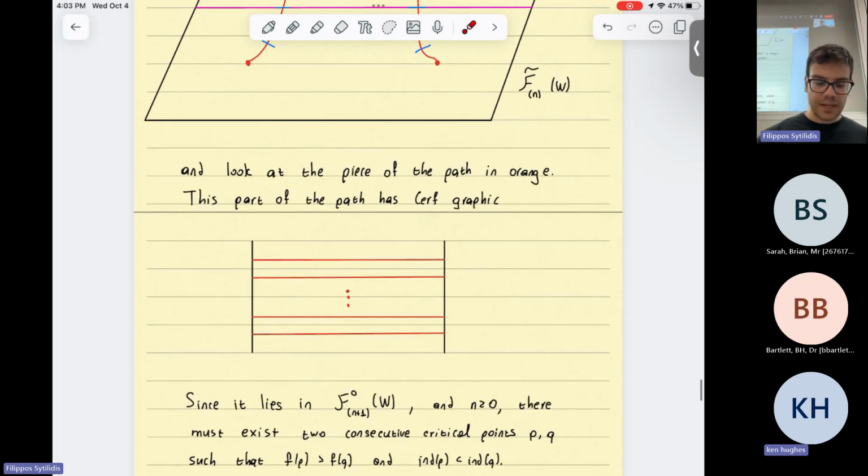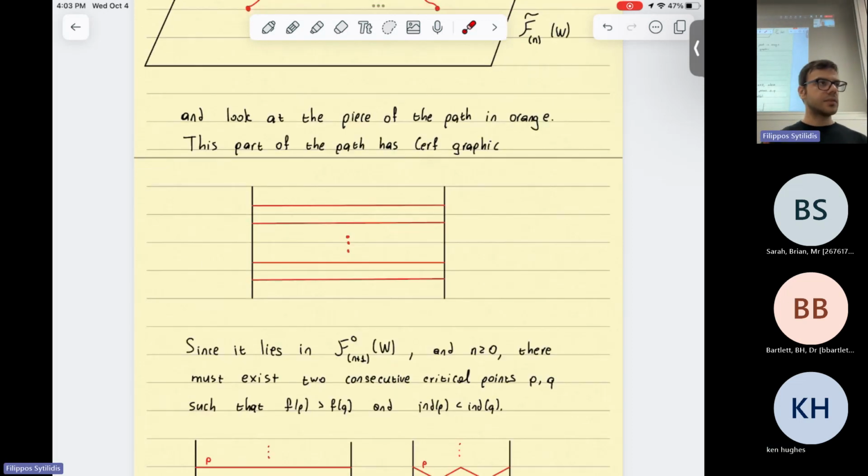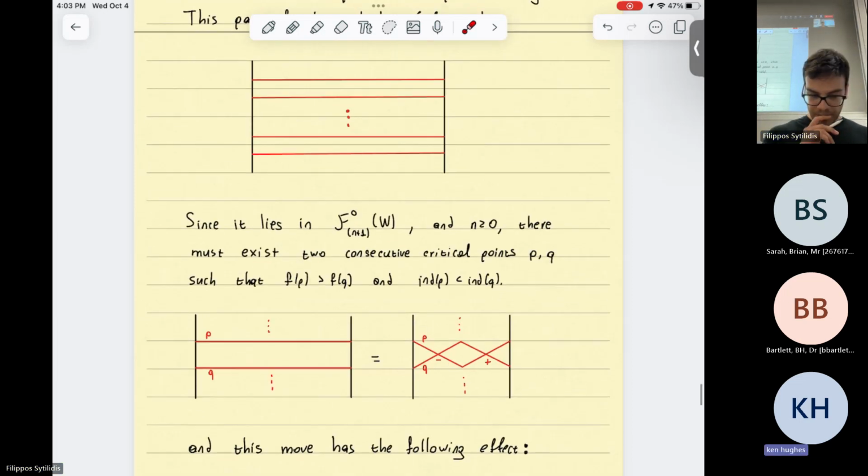What does that mean? It means that my surf graphic looks like this. Okay, I don't cross anything. I don't have any births or deaths. And so this path, the orange path, lies completely within F0 sub n plus 1 bubbles.